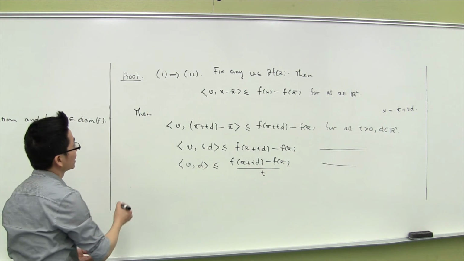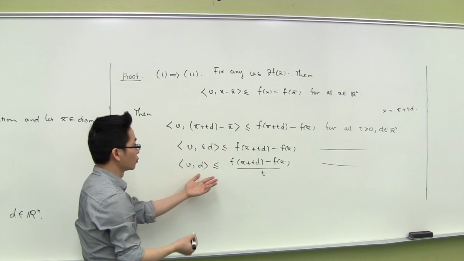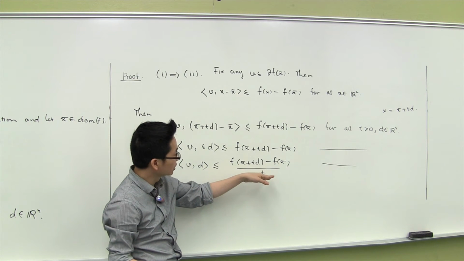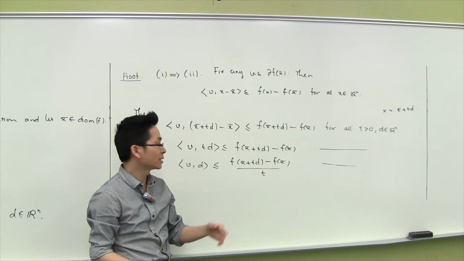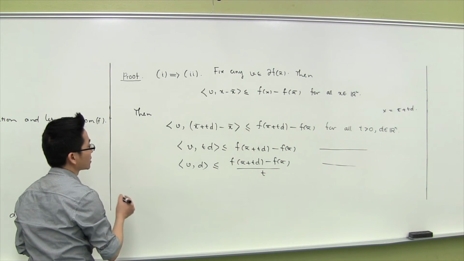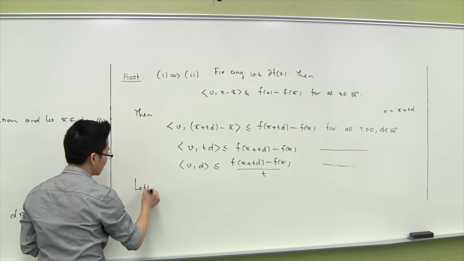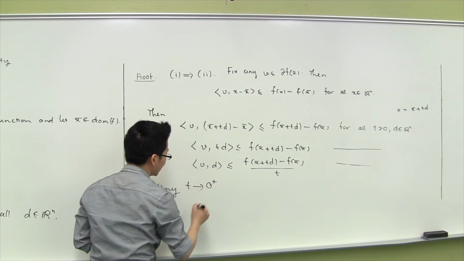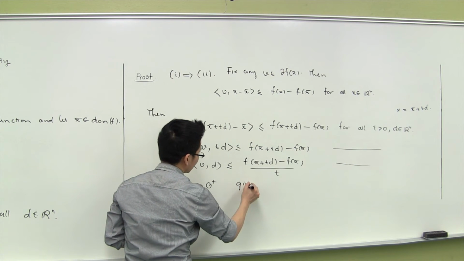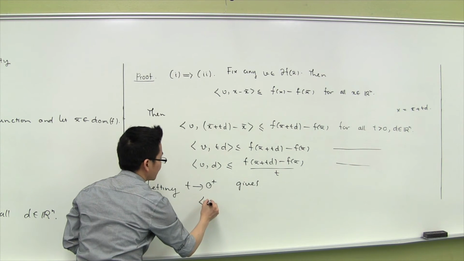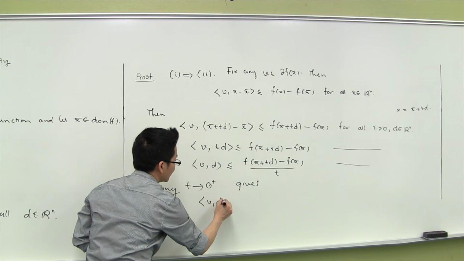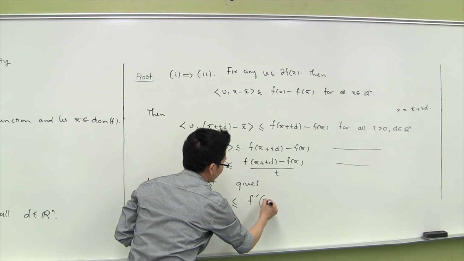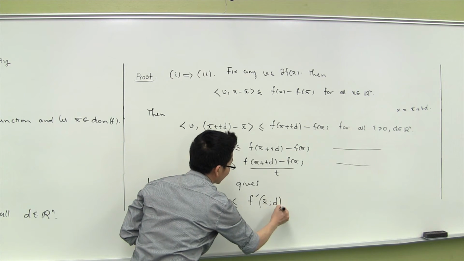And remember that this is true for all t greater than 0 and for all d in Rn. Now, because this is true for all t greater than 0, letting t approach 0 from the right, we obtain the next result. Letting t approach 0 from the right gives the inner product of v and d is less than or equal to the directional derivative of f at x bar in the direction d.